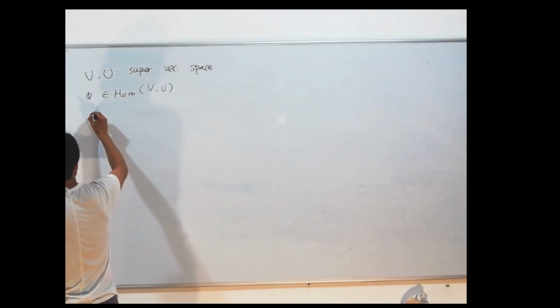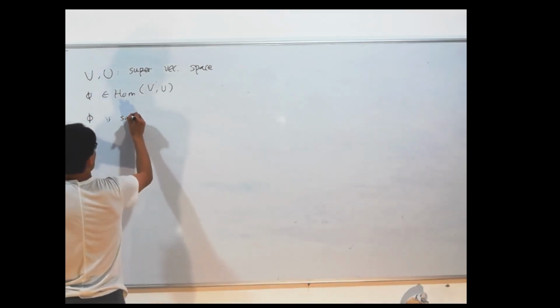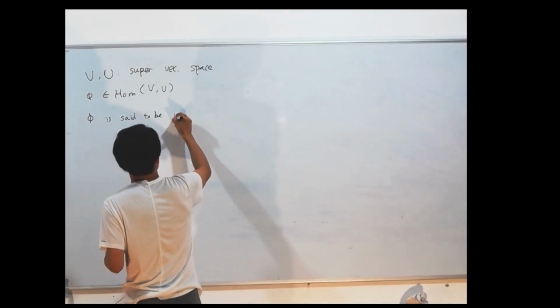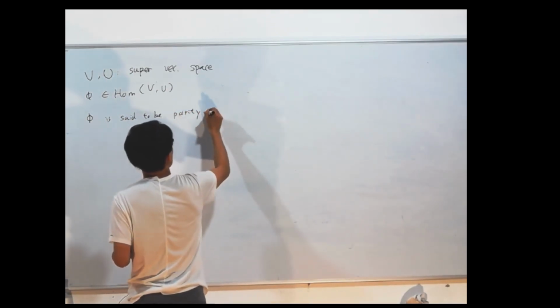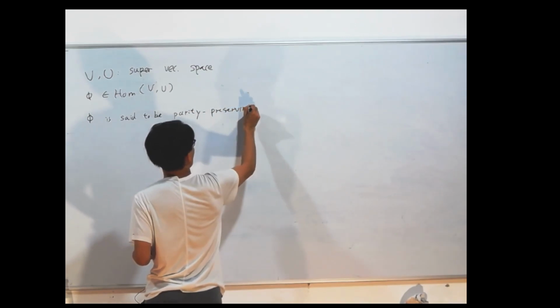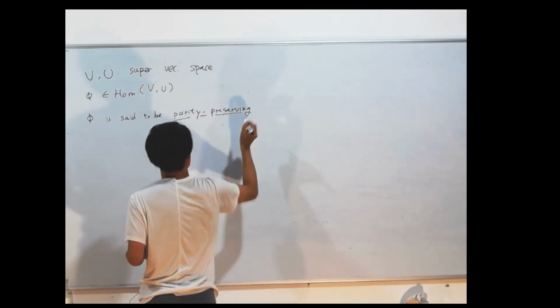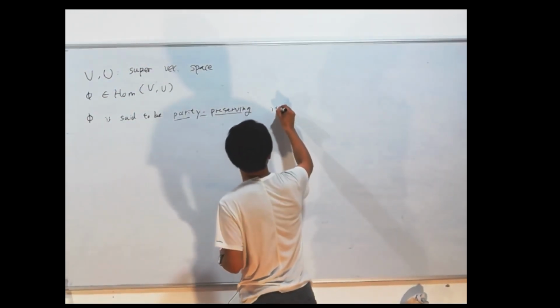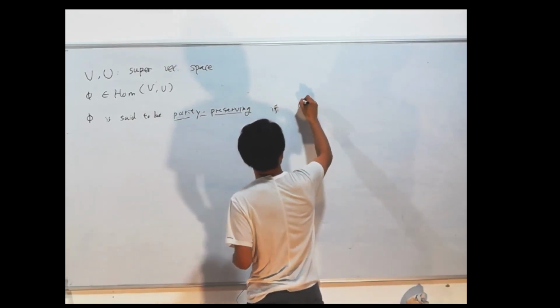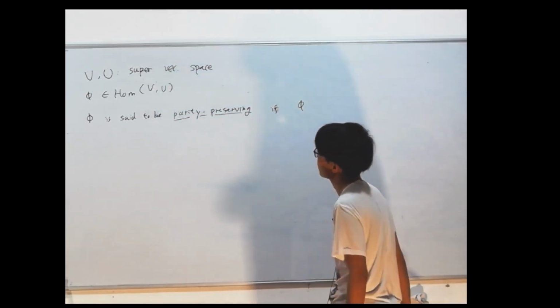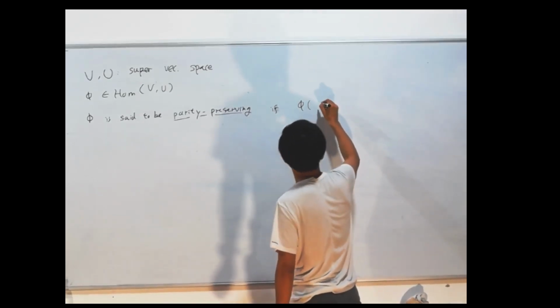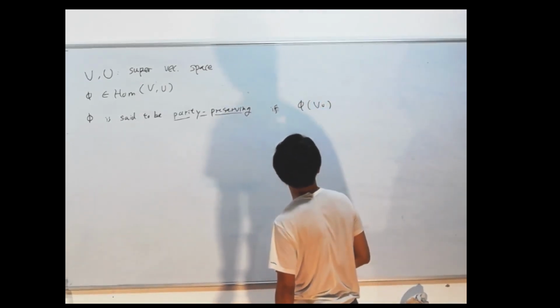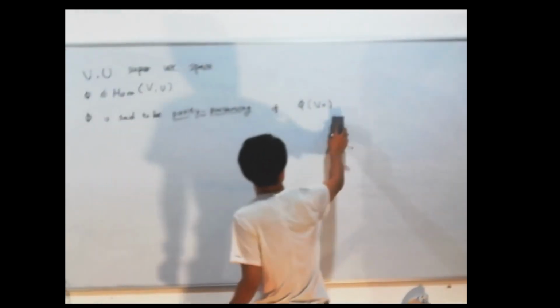That means phi is said to be parity preserving if... and in particular, what is the best way to say? Maybe this is the best way to say. You know what? This is not what I want to say.